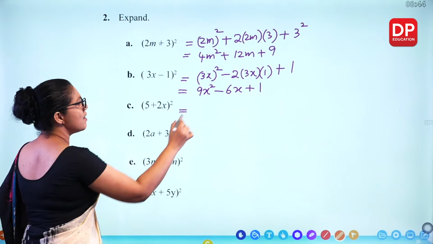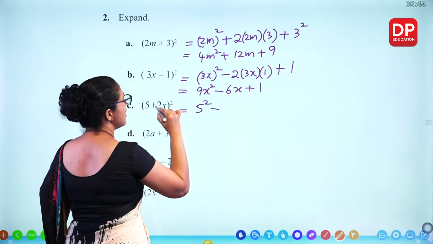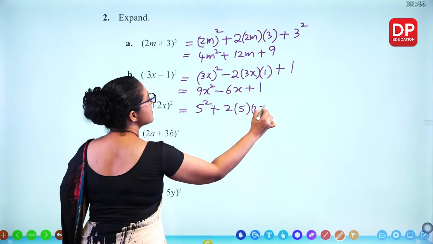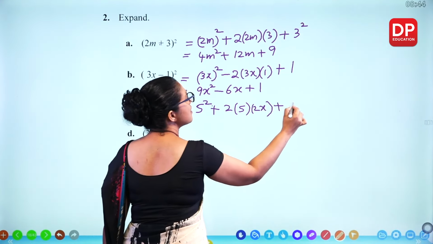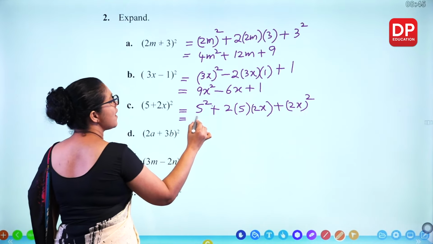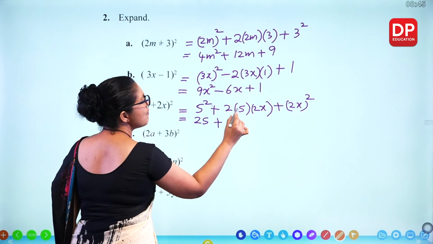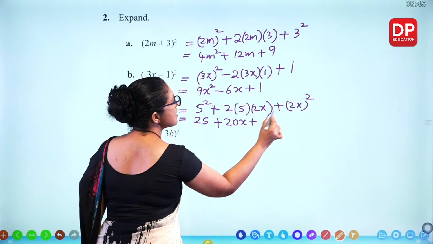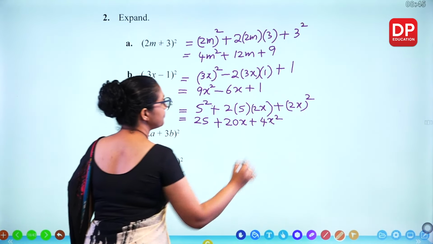Apply again. First term squared, plus double of the first term and the last term, squared. Now expand it. 5 times 5, 25. 5 times 2, 10. 10 times 2, 20x plus 4x squared.